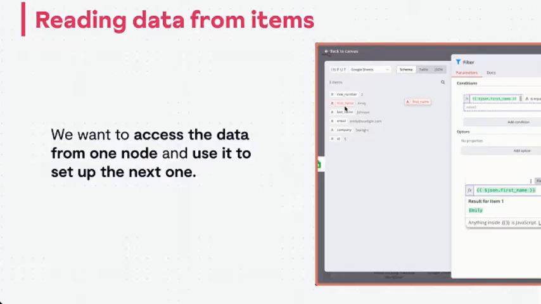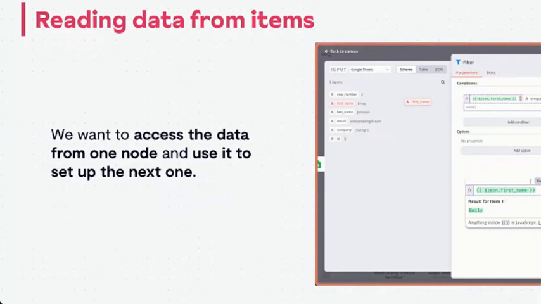So, using the same data as before, in the schema view, we can drag the first name key into the filter conditions, and I can say I only want to allow through the filter if the first name is equal to something, for example, Emily.